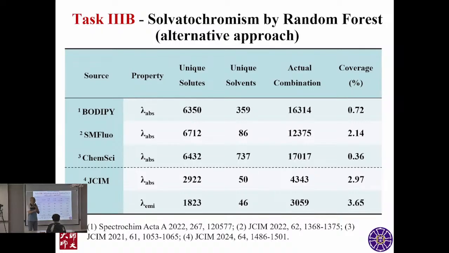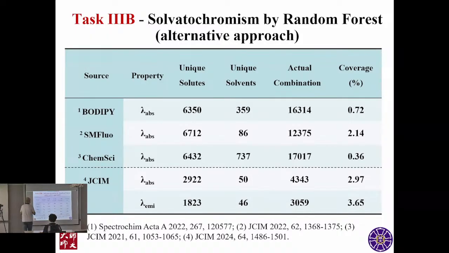That should be the ideal data set you want to use as a computational person. But the reality is you only get this, and this only takes 0.7% of all the possible combinations. That's a pain as a computational person. Solvent is underrepresented in the data. So it's a real problem.